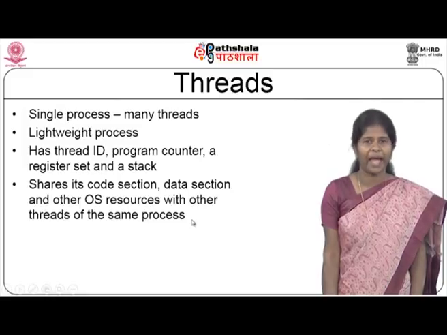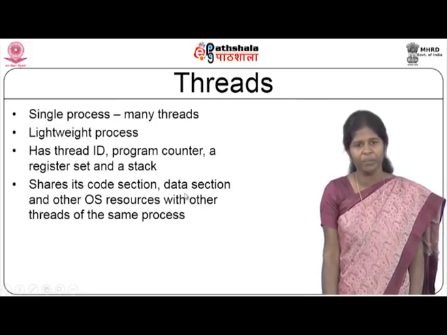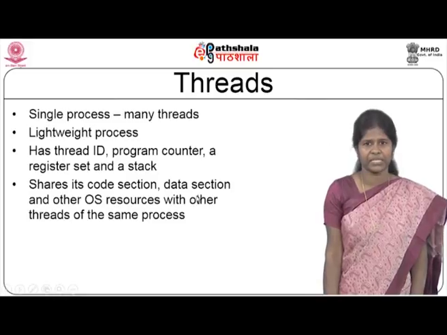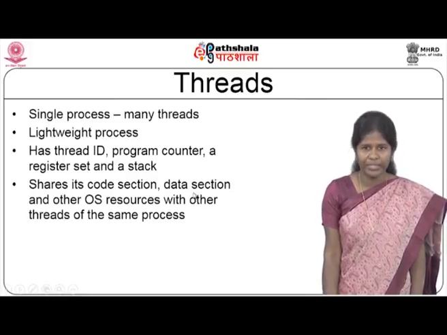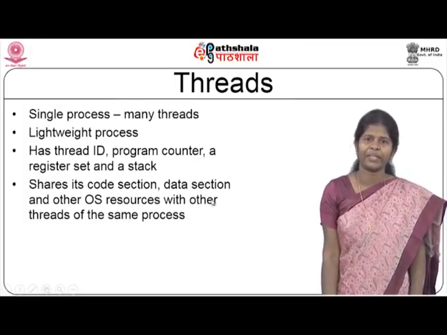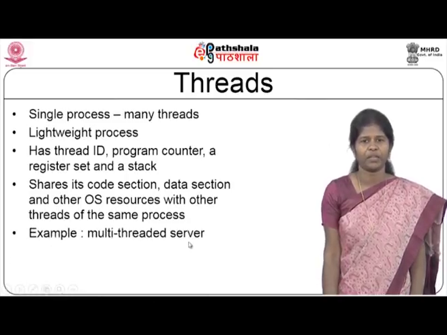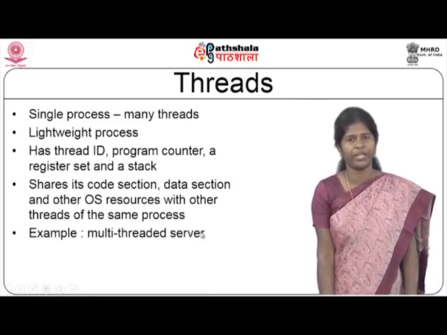So, you can have a single process which creates a number of threads, and each of the threads will have its own thread ID, program counter, stack and register set, but all the threads of the same process will share the code section, the data section and other resources, for example files, and so on.